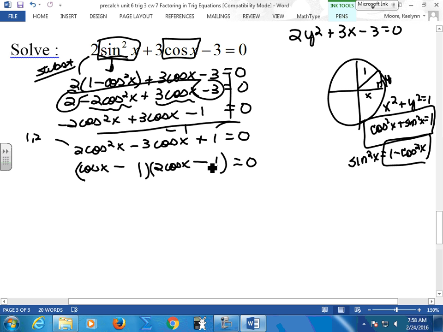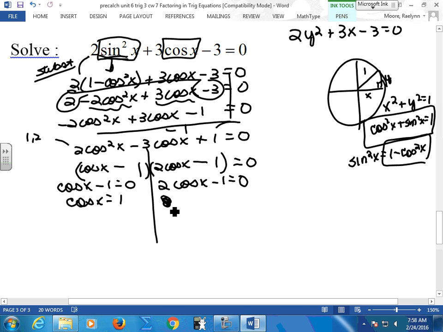Another way, if it helps you to figure out the signs, take this sign and put it first. Then say, what times a negative gives me a positive? That might help you get the other sign. Now, separate these. You have two factors, and solve for cosine. Cosine x is your variable. I'm just going to bypass this and go to the 1/2.